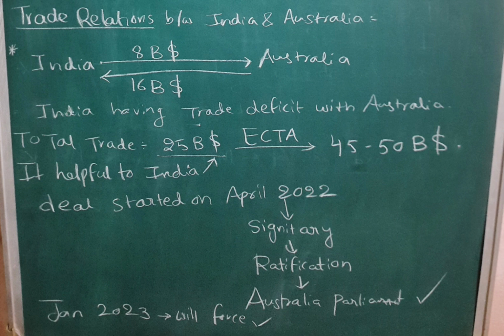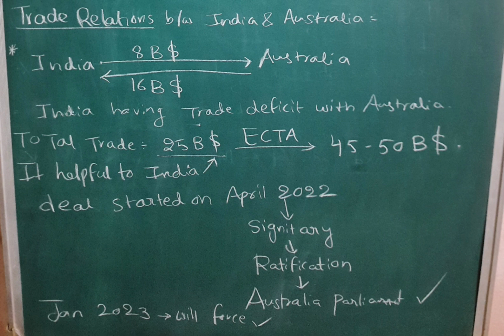Now see what the trade relations between India and Australia are. From India to Australia there is trade of $8 billion, and from Australia to India it is $16 billion. So from India to Australia it is only $8 billion, and from Australia to India it is more, $16 billion.